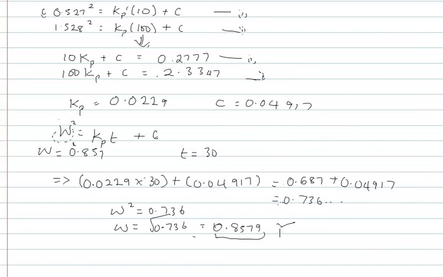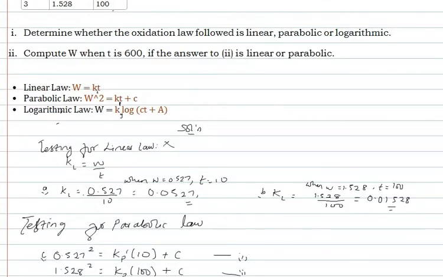And of course, especially in objective test questions, you are not sent to just go and start searching for or calculating or proving the third logarithmic law. Instead, if you just calculate that your linear and your parabolic are not the desired laws, you just conclude that it's the logarithmic law.